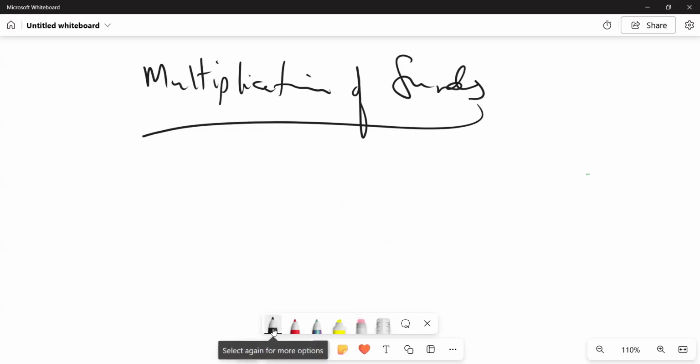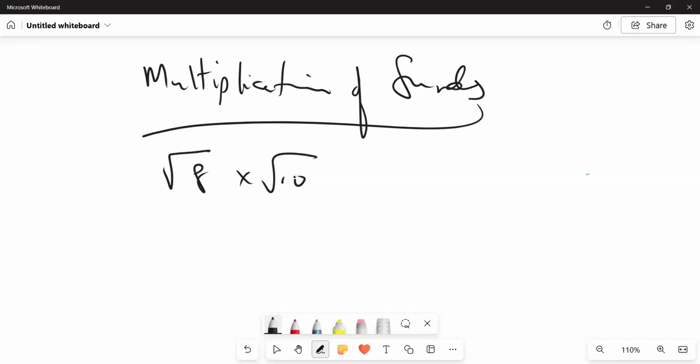Let me go back to, let's say you have something like root 8 multiplied by root 10. So what can you do with that? That would be root 80, and you can now see if you can simplify that.